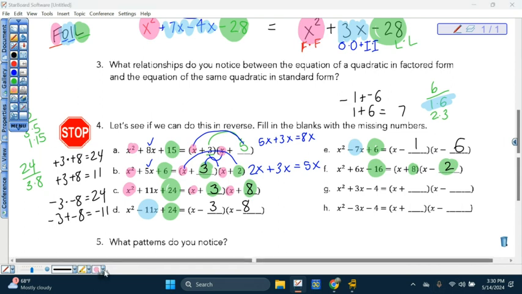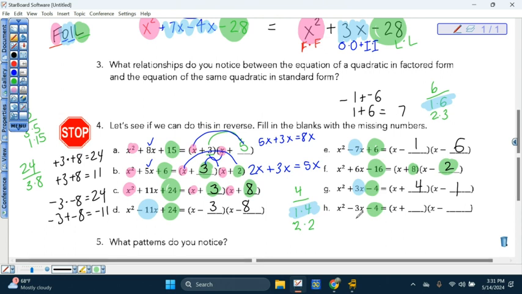Okay, and then in part G, we're looking at negative 4. What are the factors of 4? Which of those pairs can get me to positive 3? Very good. A positive 4 and a negative 1. And you might think it's the same exact problem in H, but it's not.